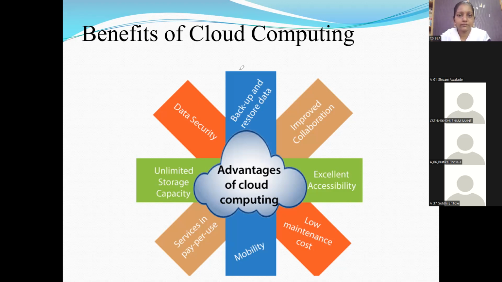Then second is improved collaboration. So what does it mean? Cloud applications improve the collaboration by allowing a group of people to quickly and easily share the information in the cloud via shared storage.